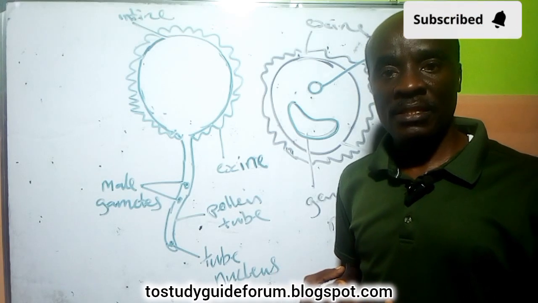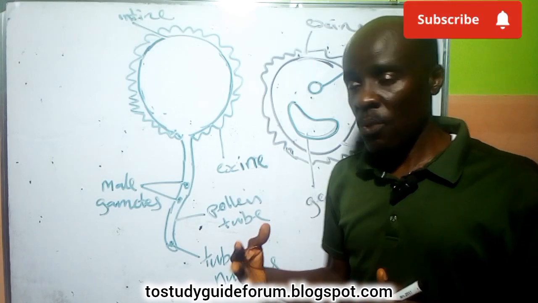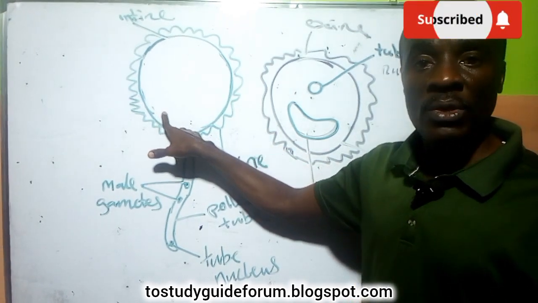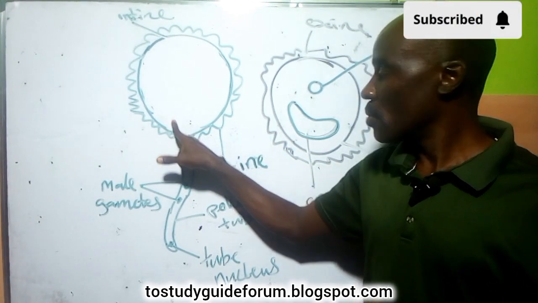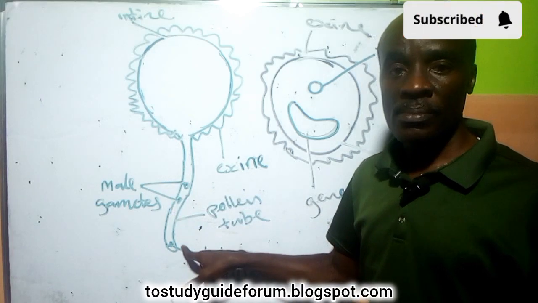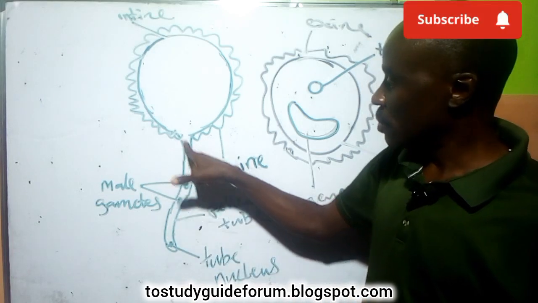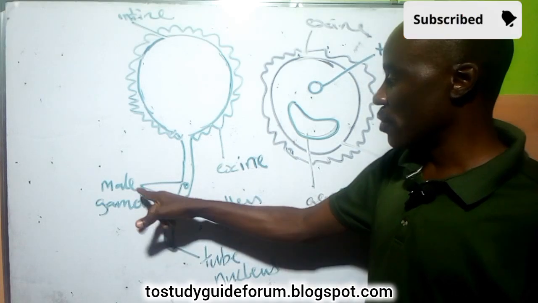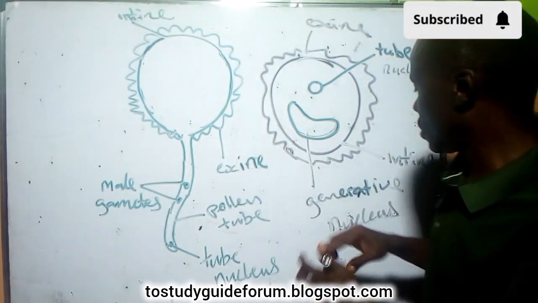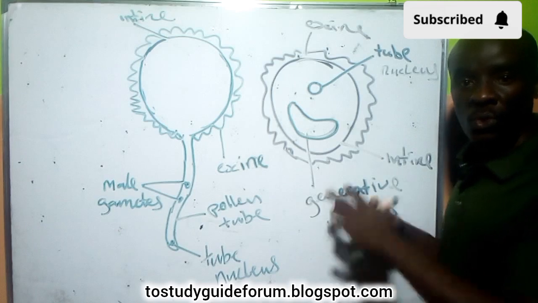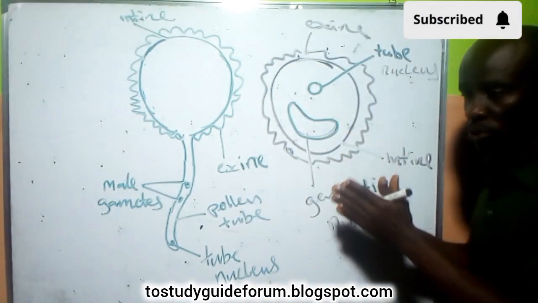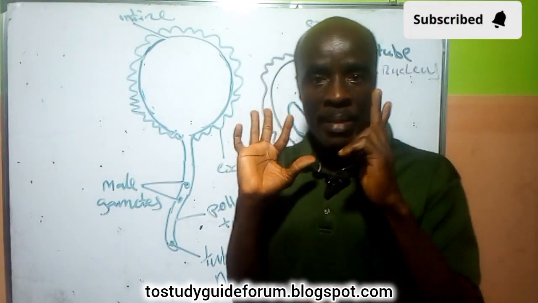When this starts, the pollen grain will develop a tube known as the pollen tube. This pollen tube is what we have here. And while that is going on, the generative nucleus will undergo mitotic division. It will divide into two, giving us two male gametes.